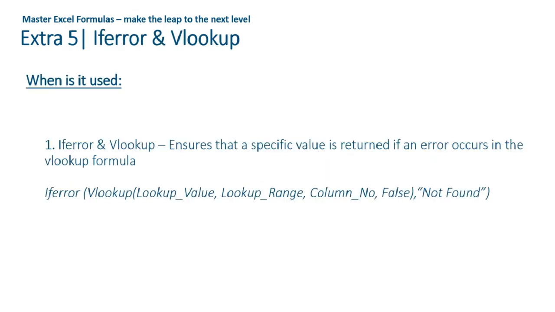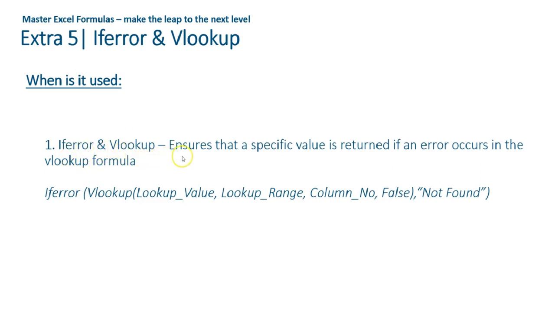Okay, the first combination here is IFERROR and Vlookup. This is something that I have discussed in previous parts of the course as well. I have given an example there, but I wanted to make sure that it is clear enough for you as well. So that's why I've put it here in this section.